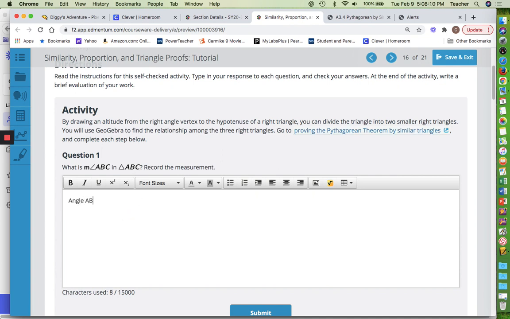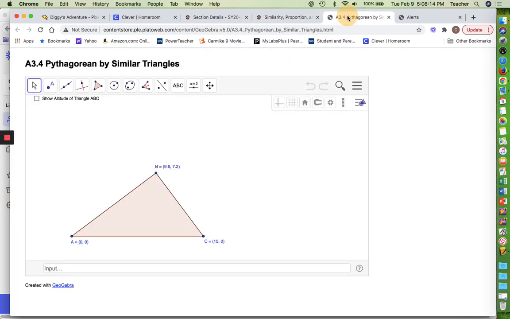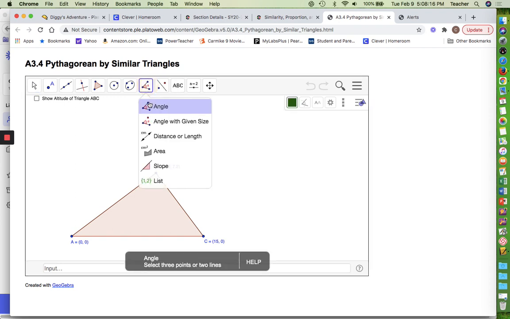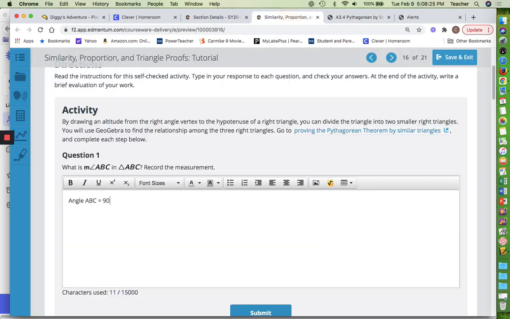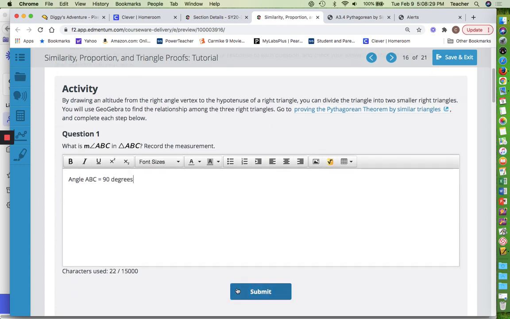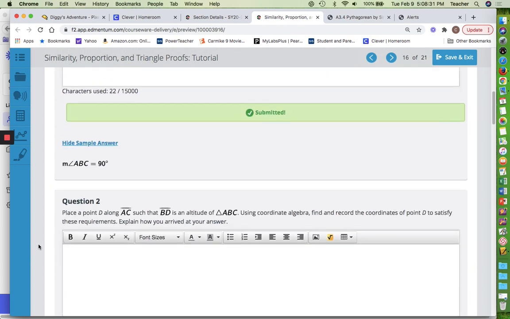Good grief, after what I just went through with that last thing. Alright, angle ABC, fine. Come up here to angle. Click on A, B, C. It's a right angle, which means that's a right triangle. It is 90 degrees. Okay, that's an easy one.